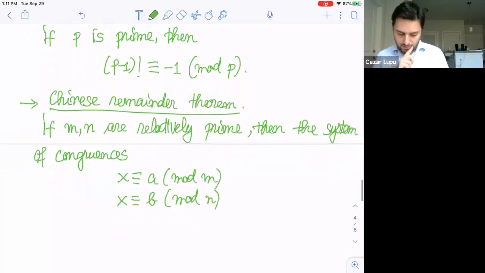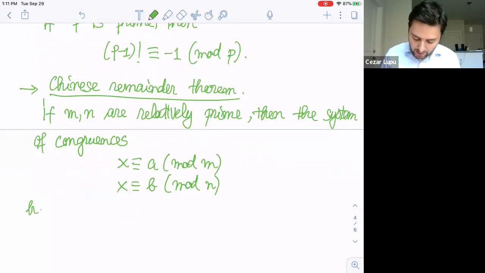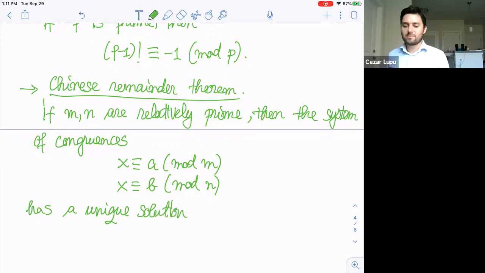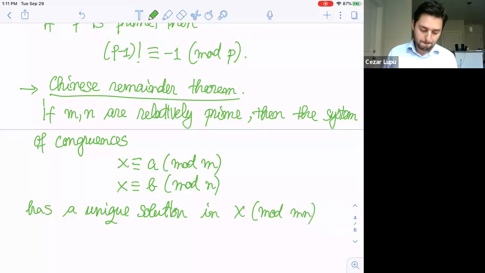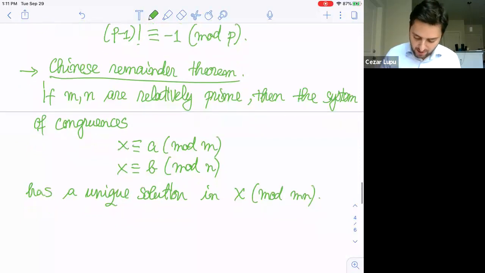So this system of congruences has a unique solution for X mod their product, M times N. Well, like I said, this can be generalized. So the generalization, let me just say it.